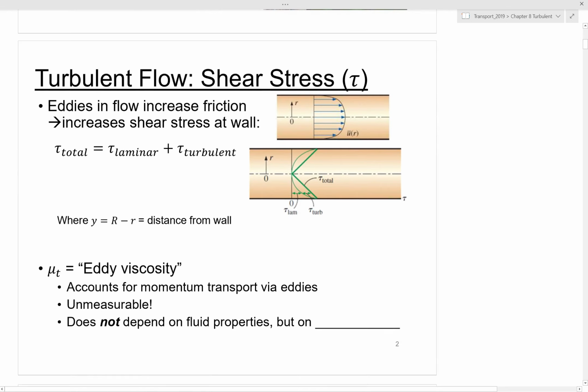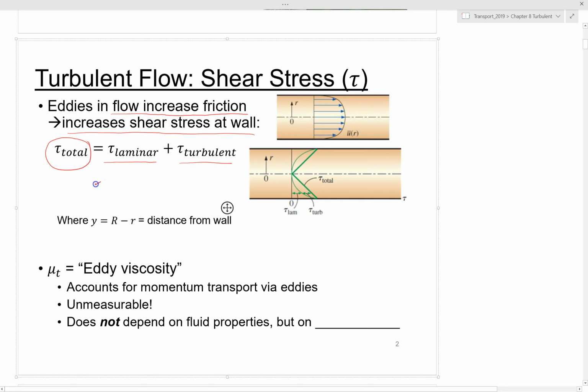And phenomenologically, eddies in flow increase the friction, increase shear stress at the wall. So that's why we have something known as a total shear stress. Conveniently, you can separate out the shear as laminar plus turbulent.